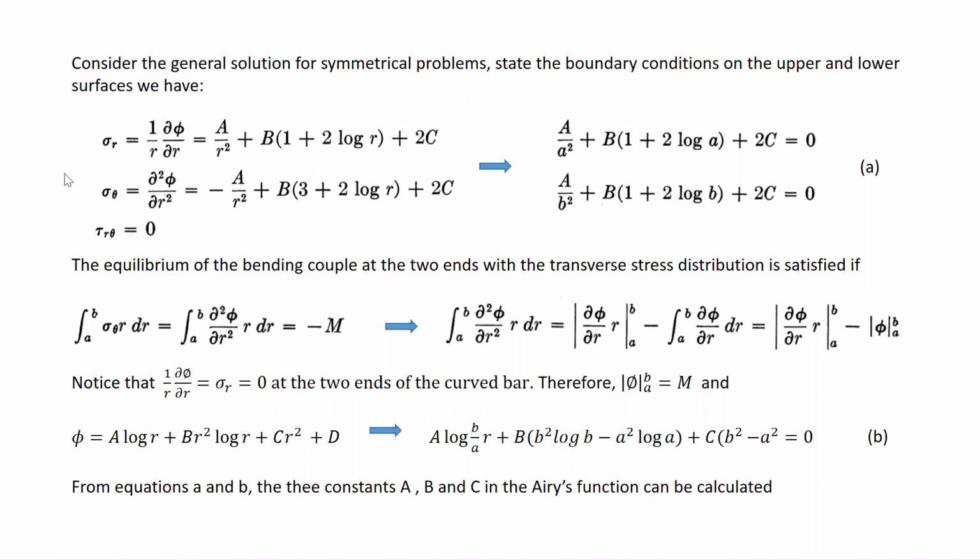This is the way we introduce the stresses. And we want to show that sigma r is equal to 0 on the upper and lower surfaces. And these are the two equations we derived from that. And also the sum of the stresses in cross sections is equal to the moment.